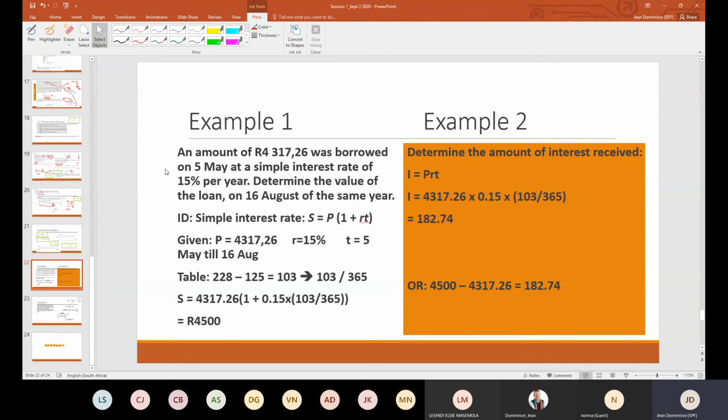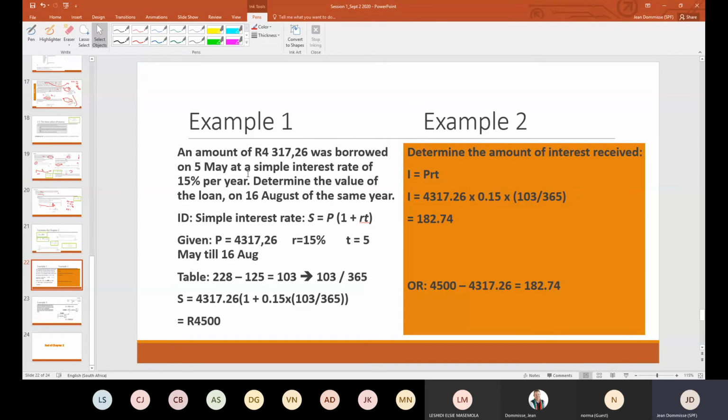They tell us an amount of 4,300, and it's always these decimals, probably because we want to end off with a nice rounded number, was borrowed on 5th May at a simple interest rate of 15% per year. Determine the value of the loan on 16th of August of the same year.